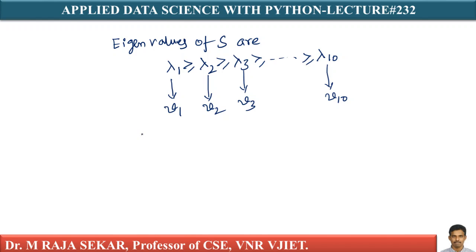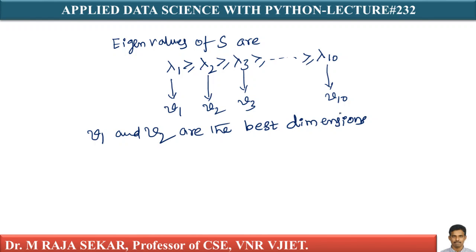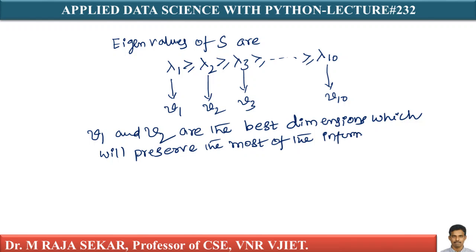I know, and this is important, that V1 and V2 are the best dimensions which will preserve most of the information, isn't it?